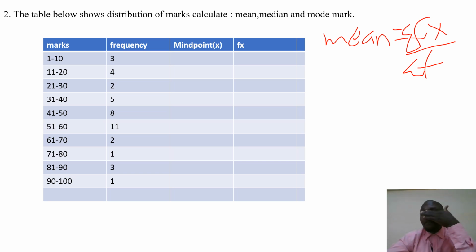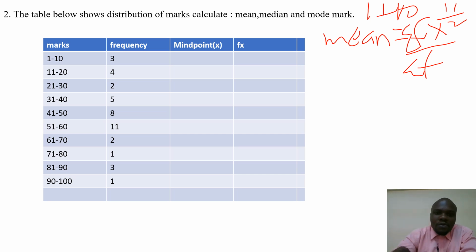For us to get that in grouped data, we first need to get the midpoint. We have the class intervals, and the first one is 1 plus 10, divided by 2, so you get 11 divided by 2, which gives us 5.5.